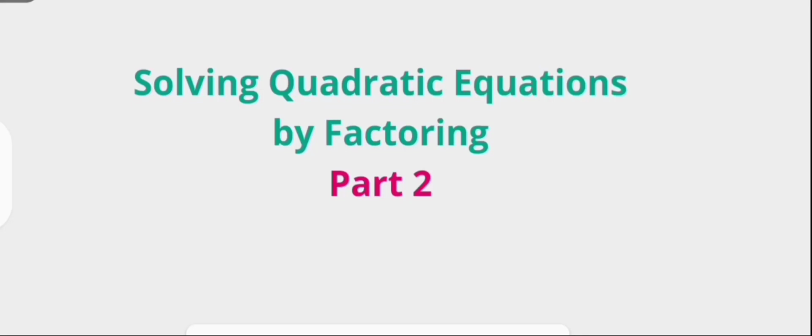Today we are looking at solving quadratic equations by factoring, the second part. If you have not seen the first part, the link is in the description below. In the first part, we looked at how to solve quadratic equations by factoring using conventional factoring techniques and the slide and divide method.